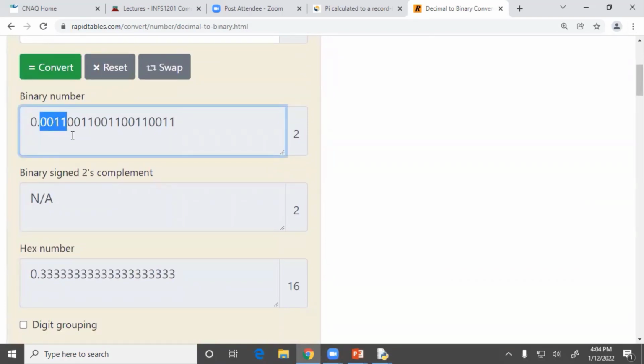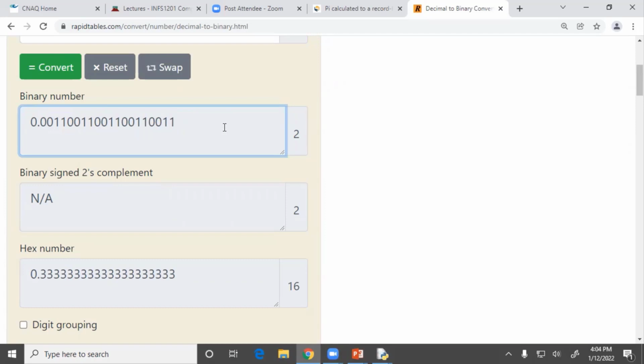Can you see it? And then after that, what do I have? And then after that, what do I have? And so this is what? Infinite. I will not be able to represent 0.2 in binary.